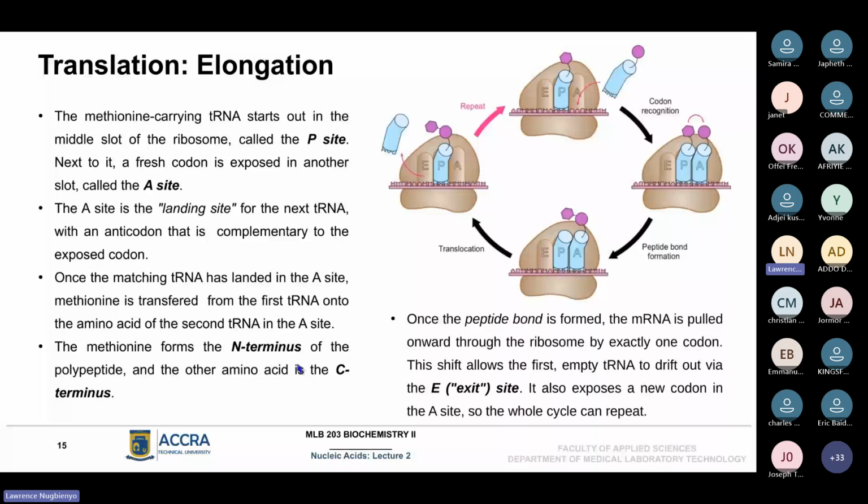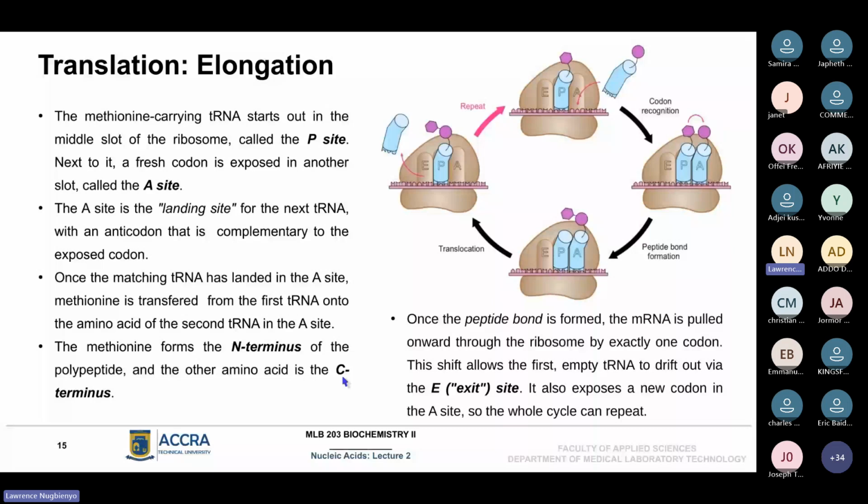And then you know that when the N terminus is being talked about, it only means the amine group end. And the C terminus is the carboxylic acid group end. It clearly tells you that when the amino acid is binding with the transfer RNA, it binds with its carboxylic acid end, which is the C terminus.